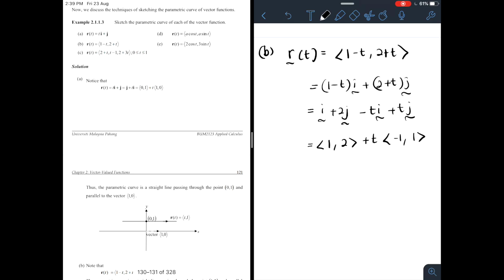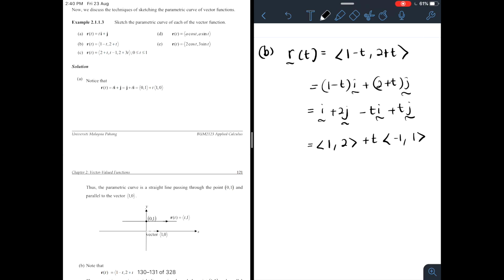So in this case, it looks similar to the vector equation of a line, which is vector r equals r0 plus tv. Based on the knowledge that you have gained in chapter 1.4, it should trigger something in your mind, and you will end up having a line as the parametric curve.